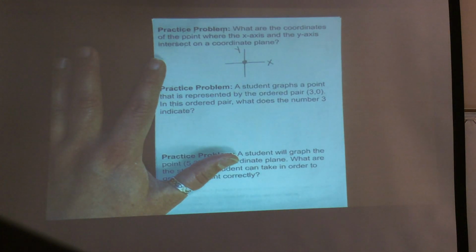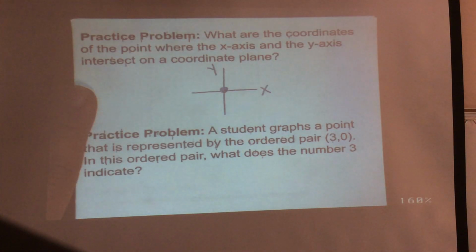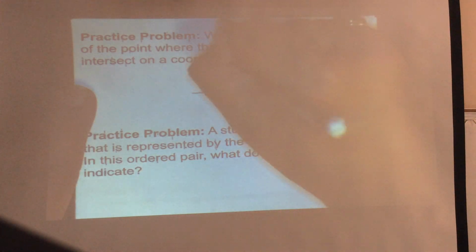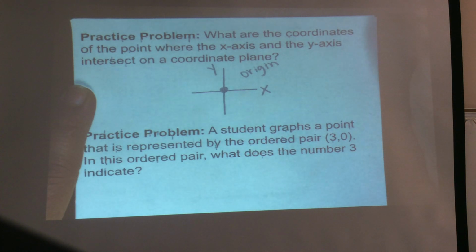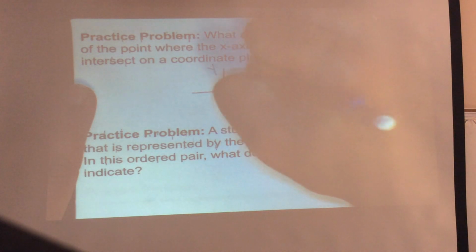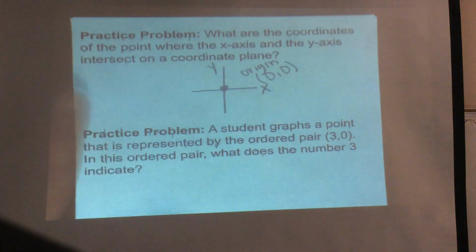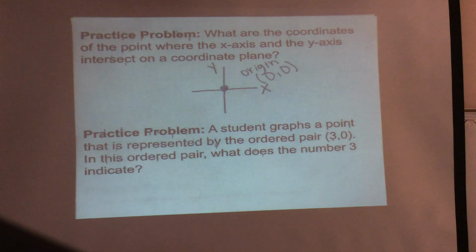It's right there. Remember, that is called my origin. And the ordered pair of my origin will always be 0, 0. So the coordinates of the point where the two axes intersect is 0, 0.